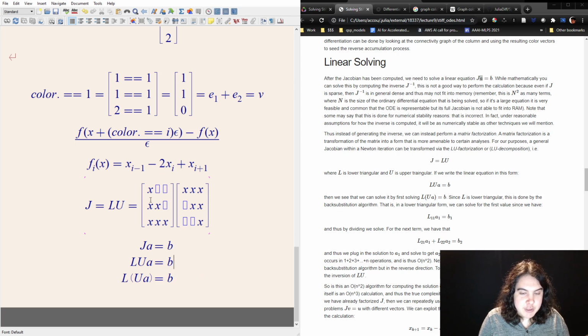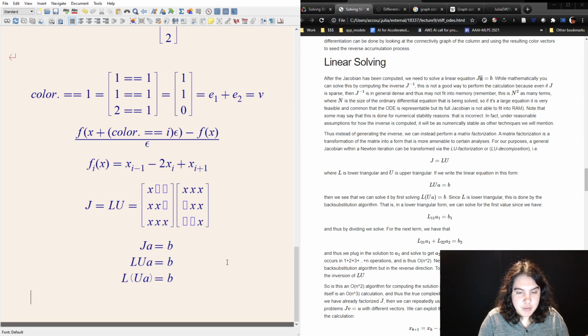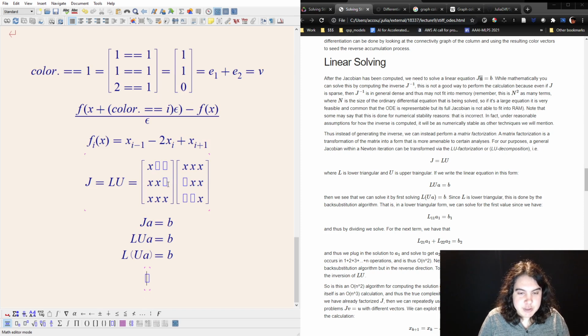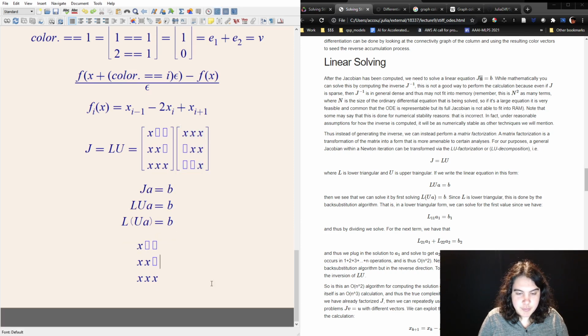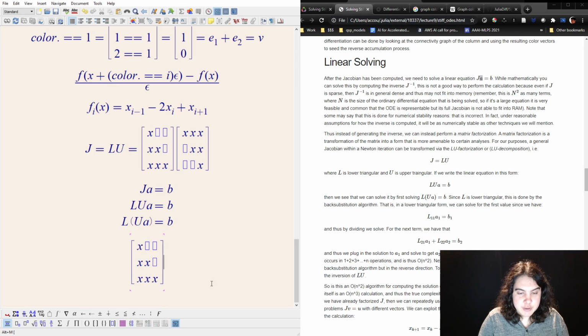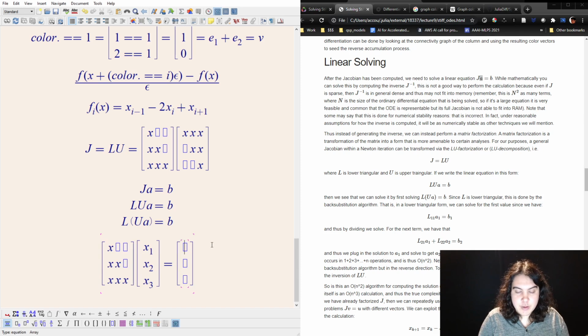Well, we have this linear system, which is essentially of the form: we have a matrix which is like this, times x1, x2, x3, equals b1, b2, b3, right?